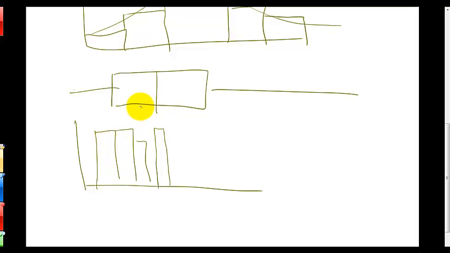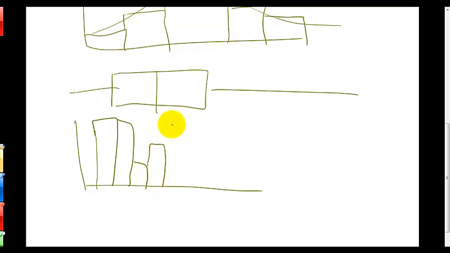All right, I should redraw these. Something like that. And then you're going to have probably a small one, but then at the median, you're going to have slightly bigger, and then it's going to be smaller, smaller, smaller kind of thing.